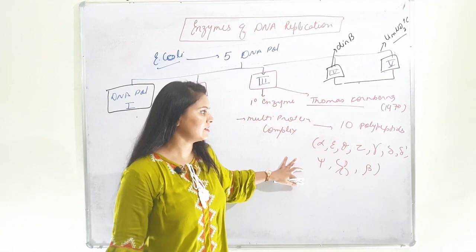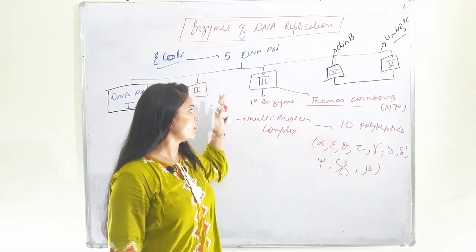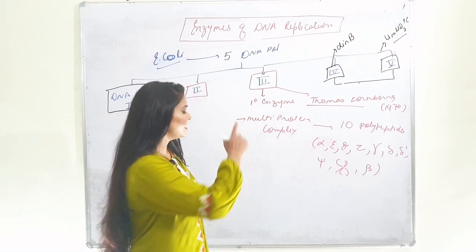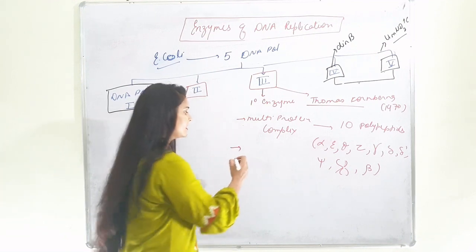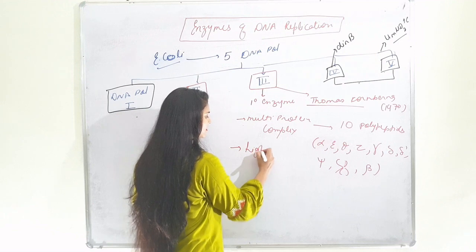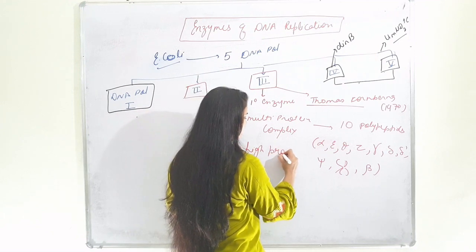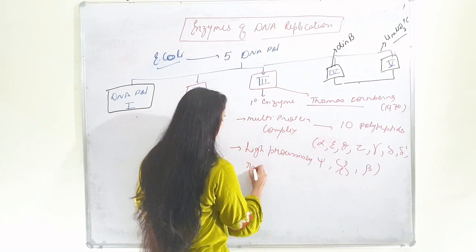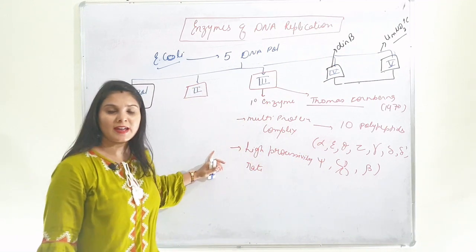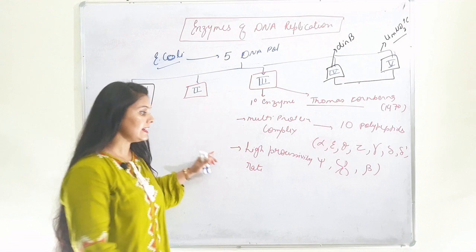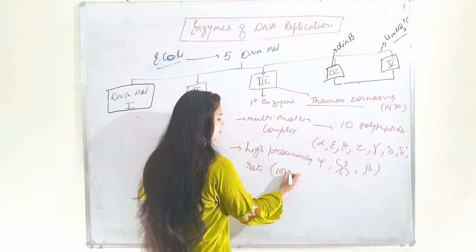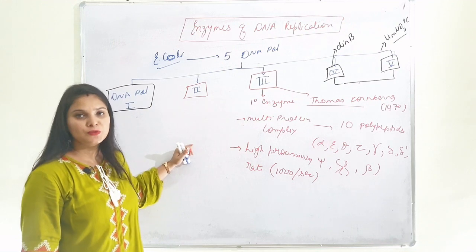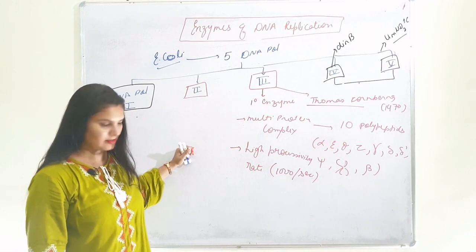These are the 10 different polypeptides which form DNA polymerase 3. DNA polymerase 3 has a high processivity rate or polymerization rate, that is, it adds 1000 nucleotides per second to a newly synthesizing DNA strand.